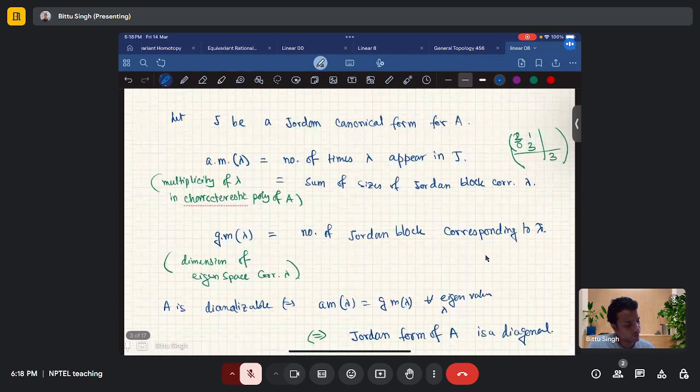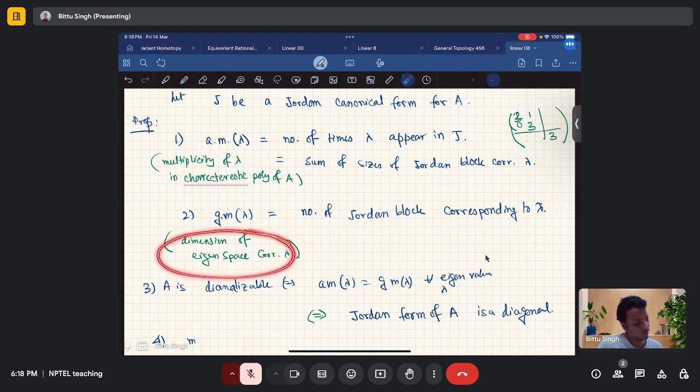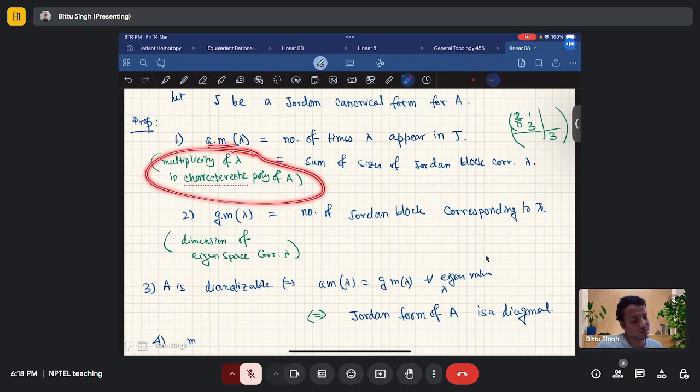And another thing I should mention, this is property 1, 2, 3. Those are properties. Another thing is the multiplicity of lambda. We know that the multiplicity in the characteristic polynomial is actually the algebraic multiplicity. It is already known.